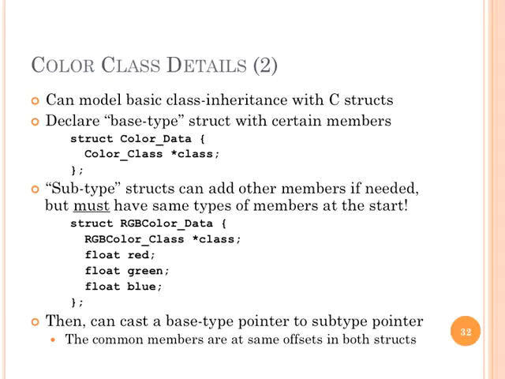So you can cast a base type pointer to a subtype pointer, and the common members are going to be at the same offsets. So I have a color data star, I can cast it to an RGB color data star, presuming I'm actually working with an RGB color object, and the class member will still be the right value because they happen to be at the same offset and they're the same size. Any questions about this?